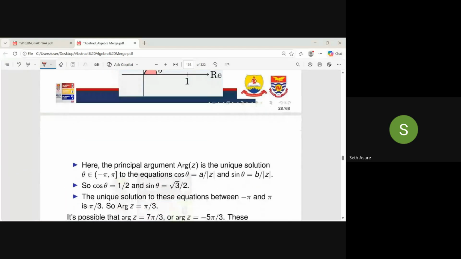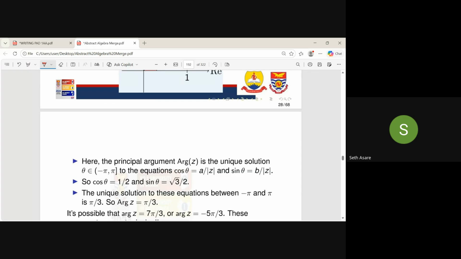We are saying that the principal argument with the capital is a unique solution where theta falls within this range to the equation. So we have found this already, and cos theta is equal to the real part over the hypotenuse side.